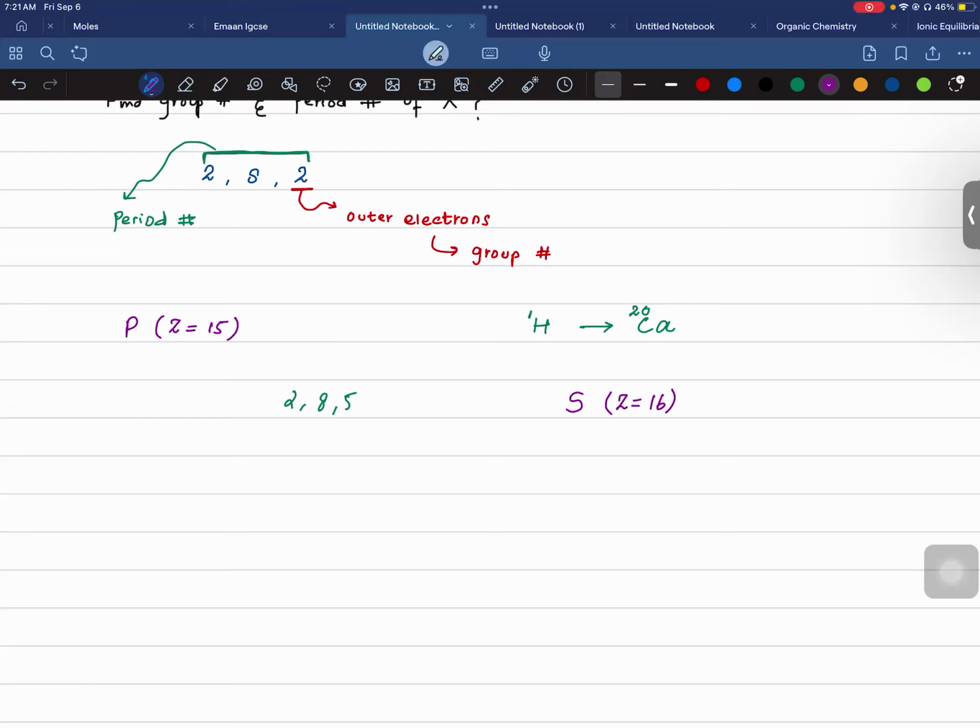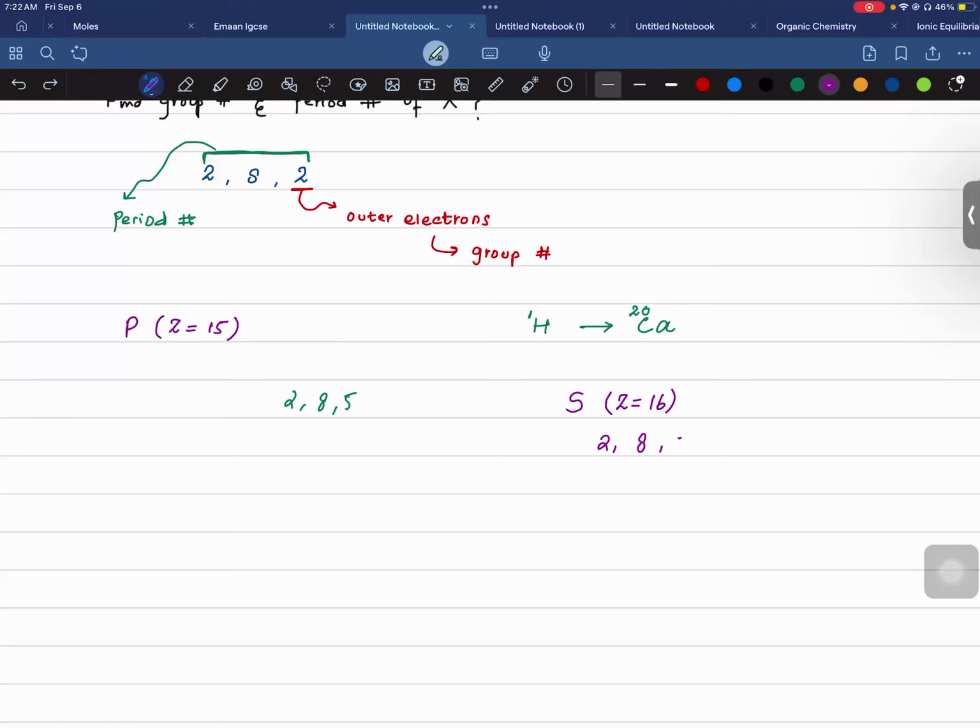Is that number correct? Group number is what? 15? What's the configuration? 2, comma 8, and then 5. So it's 15 and 3.